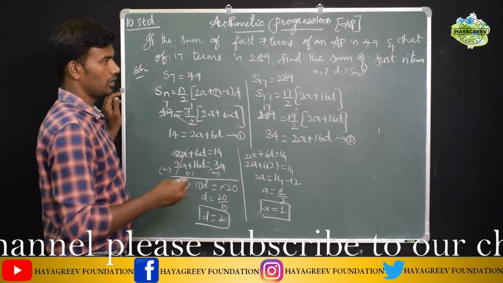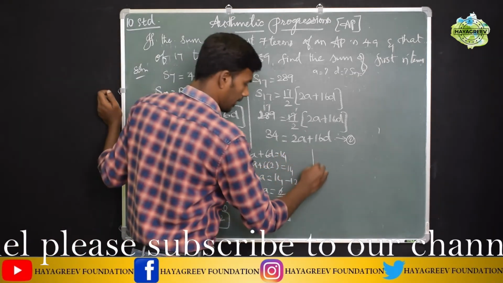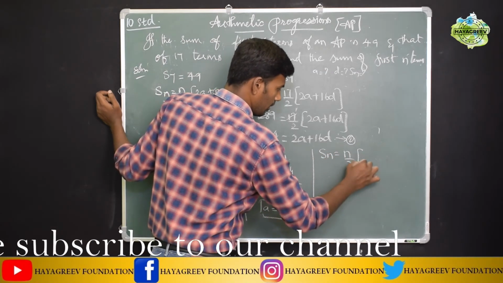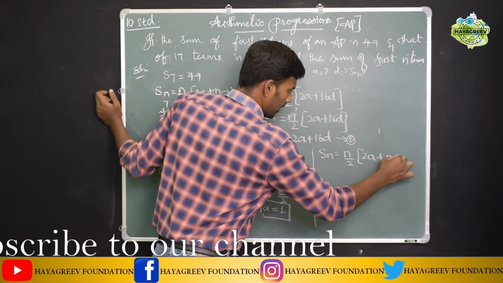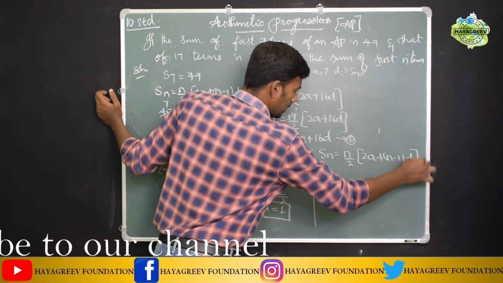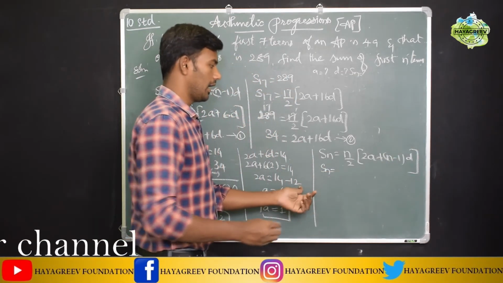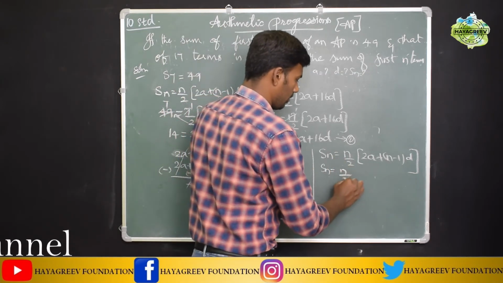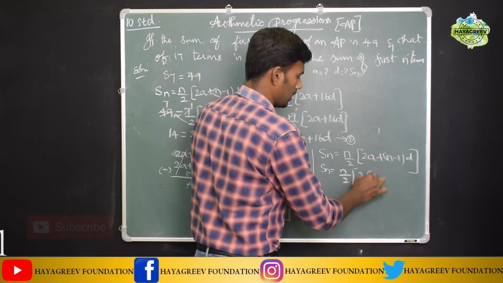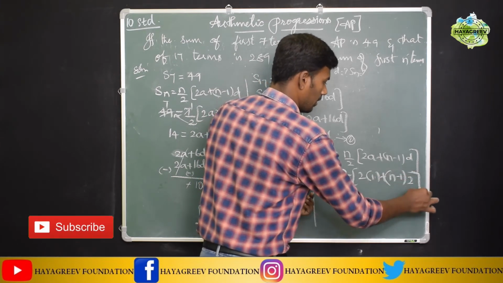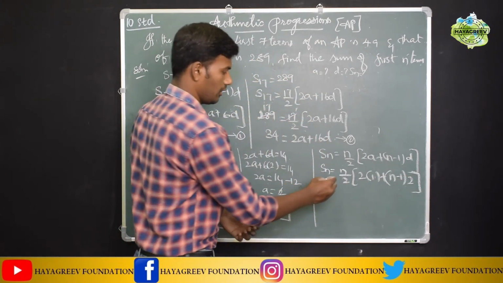What they are asking is to find Sn. So Sn is equal to n by 2 into 2a plus n minus 1 into d. Sn only we should find. We have a, d, and n we don't know. Then 2a is 2 into 1, plus n minus 1 into d, which is 2.